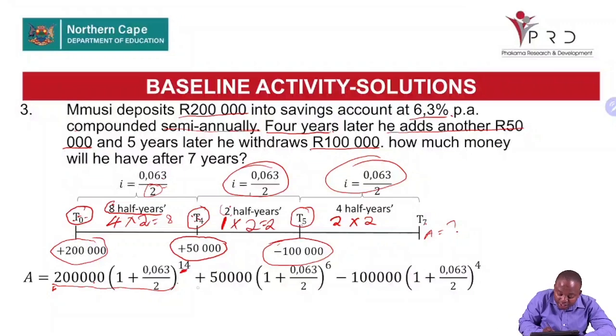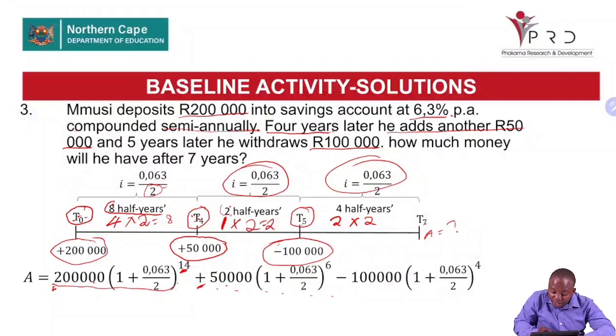Plus, now this addition represents a deposit. So we added some amount of money in that period. We added 50,000, times (1 plus I), where I is still the same because it did not change in this case. Close bracket, all raised to the power 6.